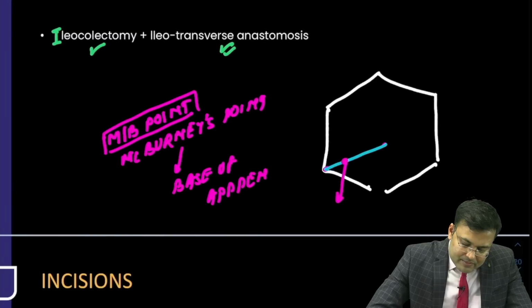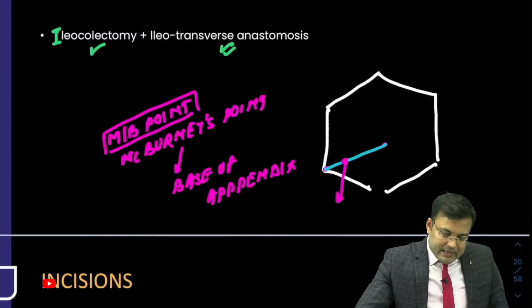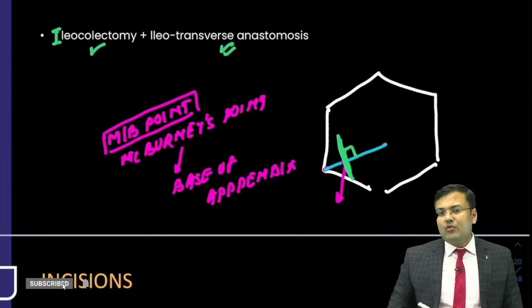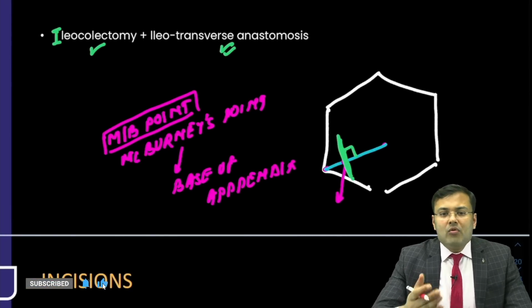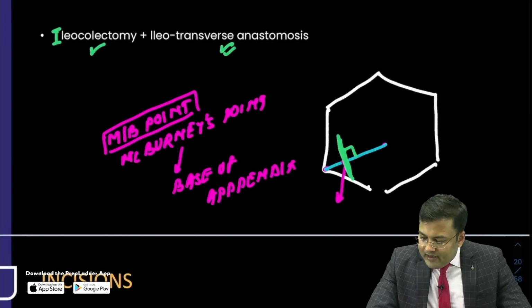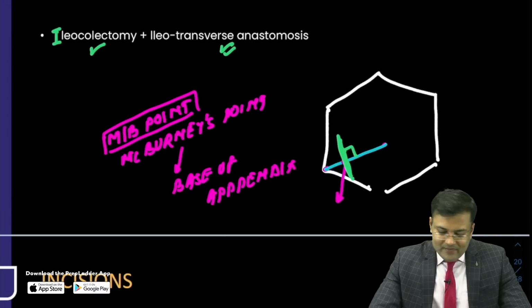Okay. Another simple question. If I give the incision centered at McBurney's point, perpendicular to spino-umbilical line, what should be the name of this incision?